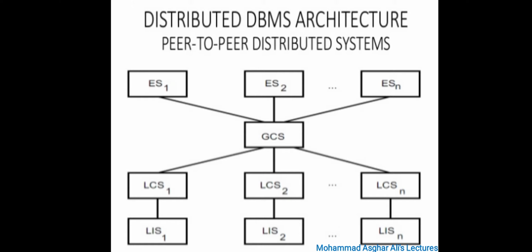Data independence is supported since the model is an extension of ANSI SPARC, which provides such independence naturally. Location and application transparencies are supported by the definition of local and global conceptual schema and the mapping in between. Network transparency, on the other hand, is supported by the definition of the global conceptual schema.